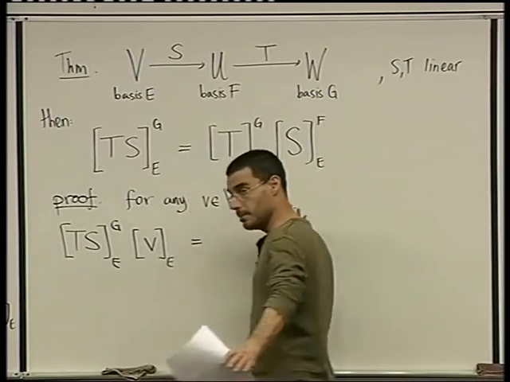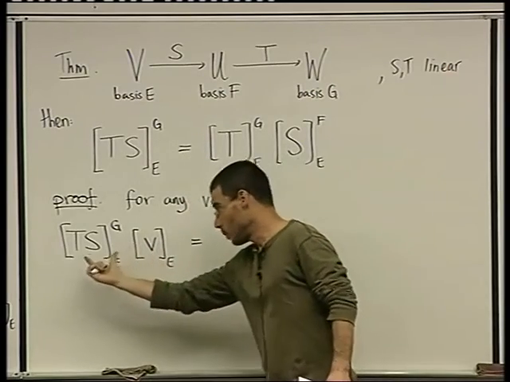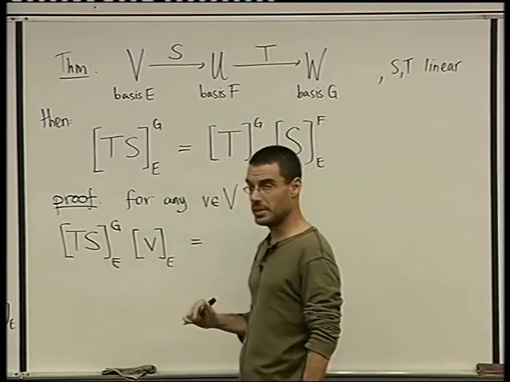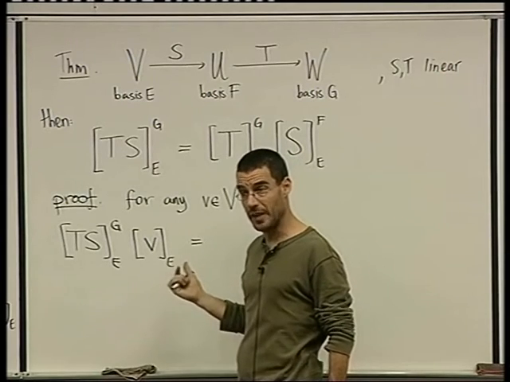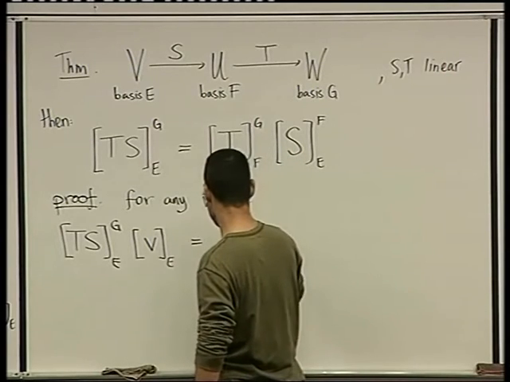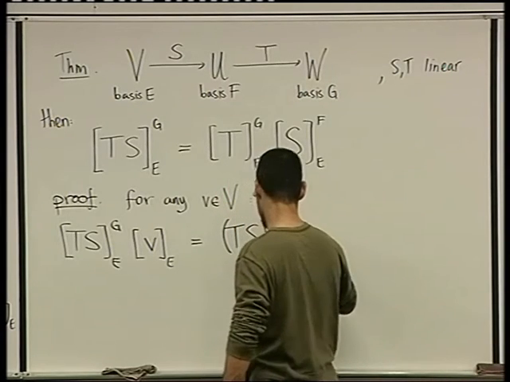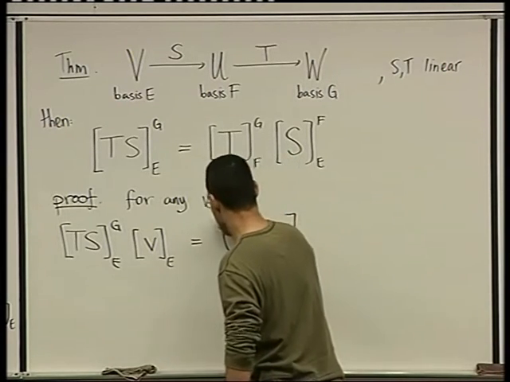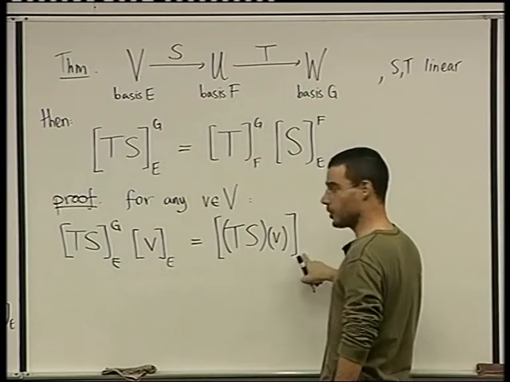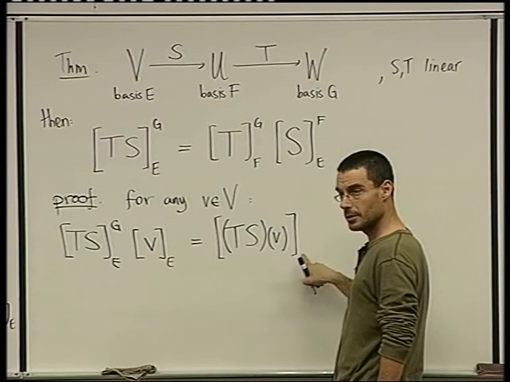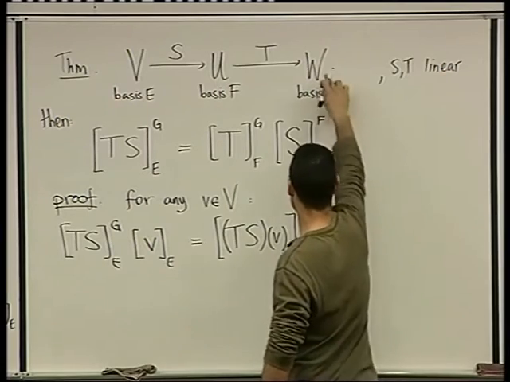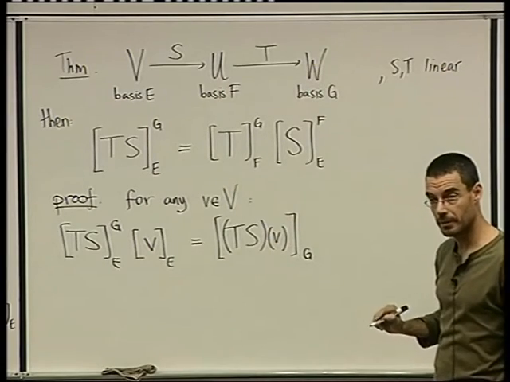By the theorem of what is a matrix representation, what it does to a coordinate vector, this is the same as TS of V, coordinate vector, in which basis? G, in the basis of the range of this map. Right?